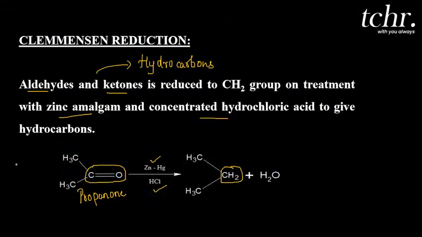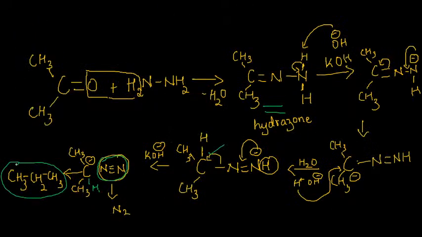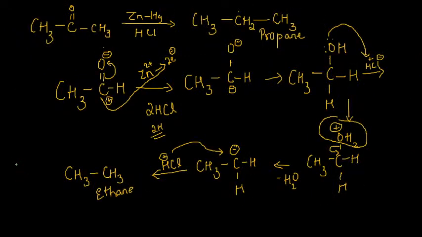So easily exam point of view, there is an easy method to understand Clemmensen's and Wolff-Kishner reduction. But for your entrance exams point of view, if you understand these mechanism, that will be helping you a lot.